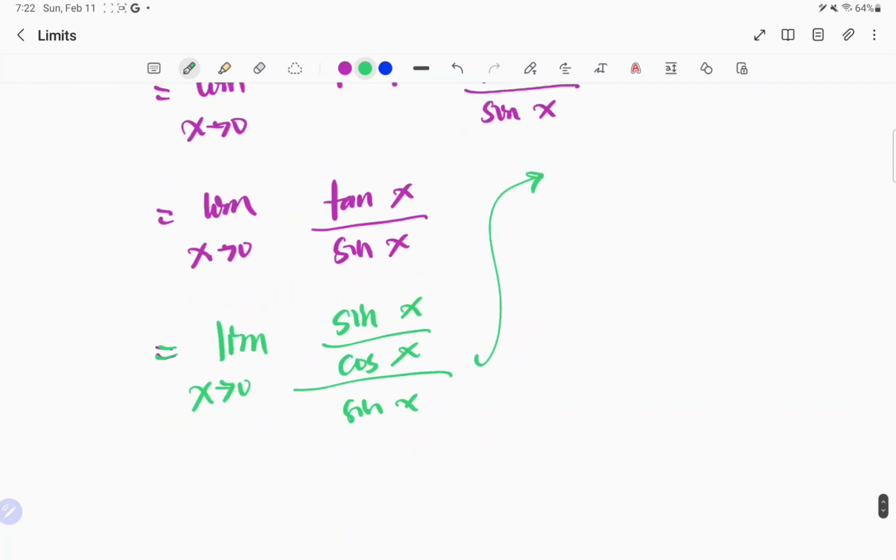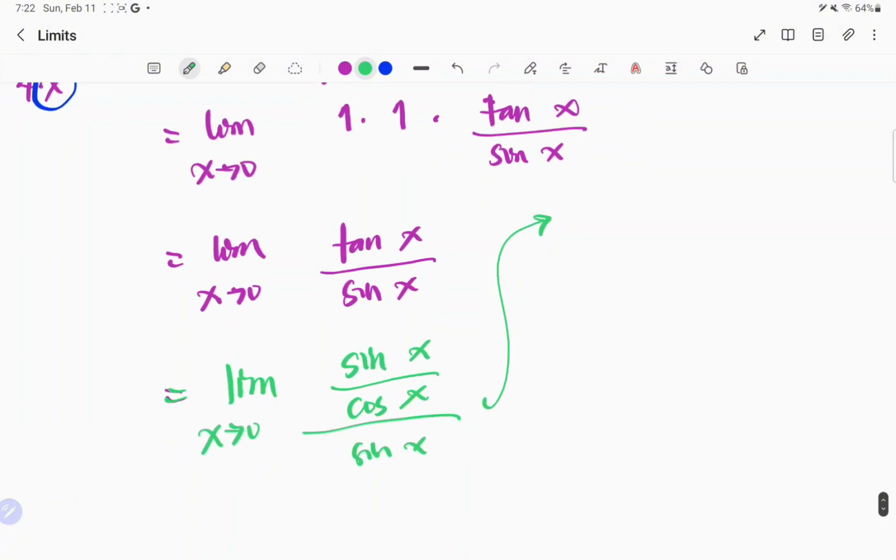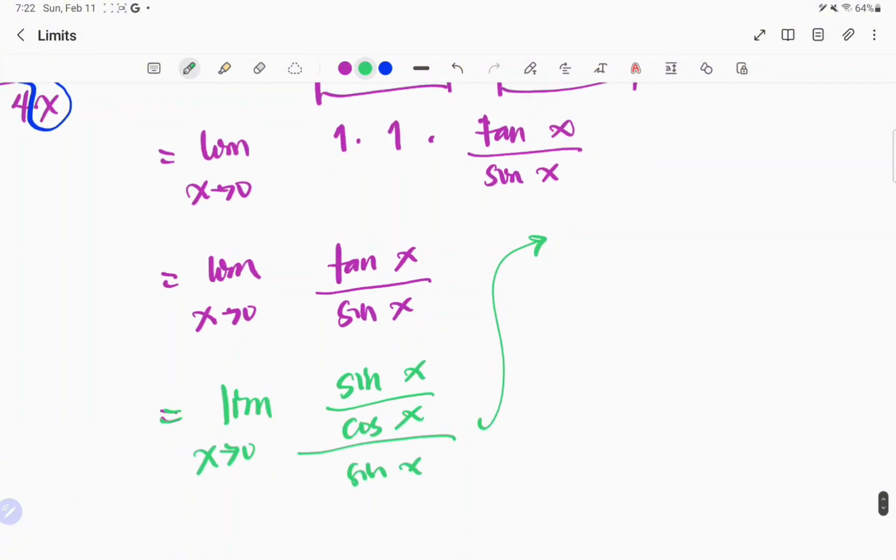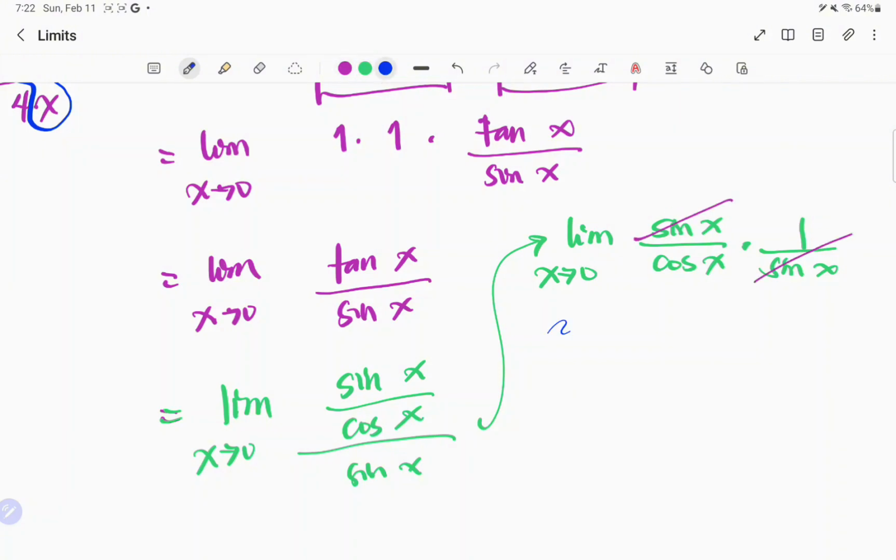Now, taking the reciprocal of our denominator, we have the limit of sine x over cosine x, and the denominator is sine x. Its reciprocal is 1 over sine x as x approaches 0. We can cancel it out now. So what we have is the limit of 1 over cosine x as x approaches 0.